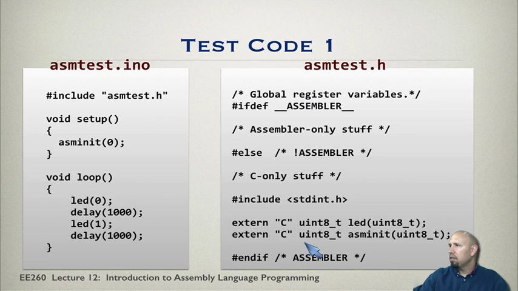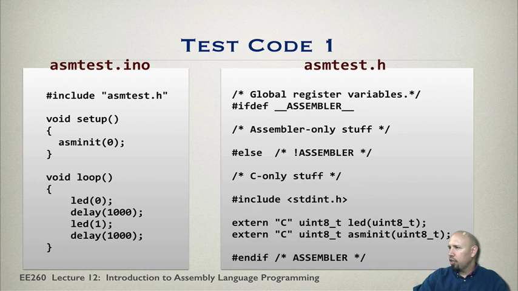Here's our header file. First we have ifdef assembler. If the assembler is defined, then you're going to do the assembler stuff that happens only with the assembler. In our case, we're not going to do anything here. Else, we do the stuff that's needed for the C portion.